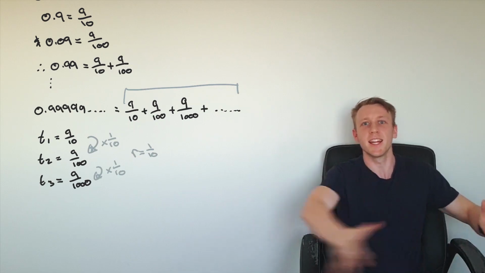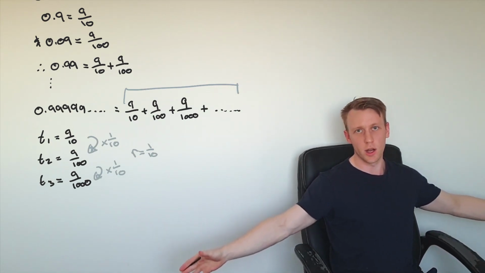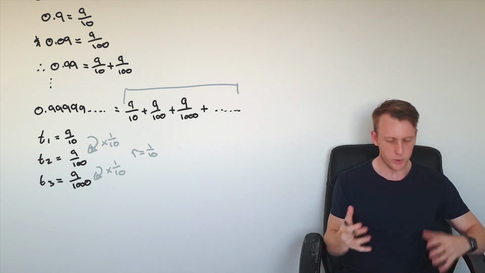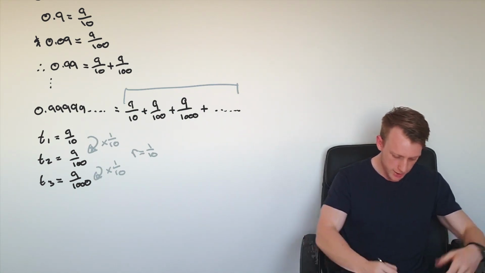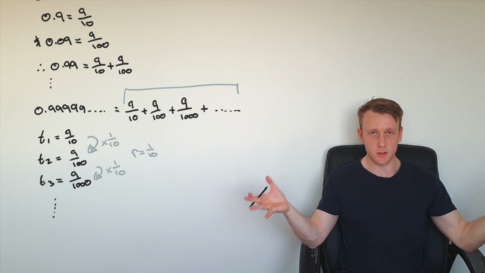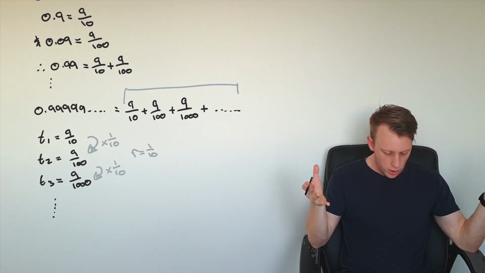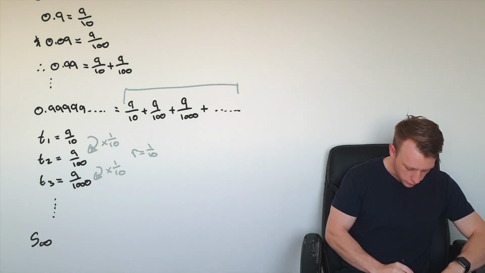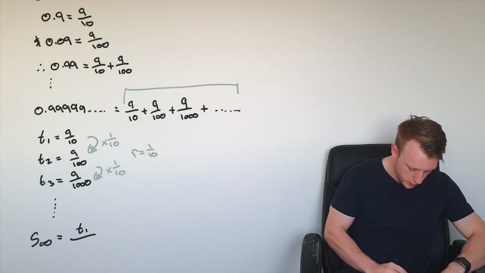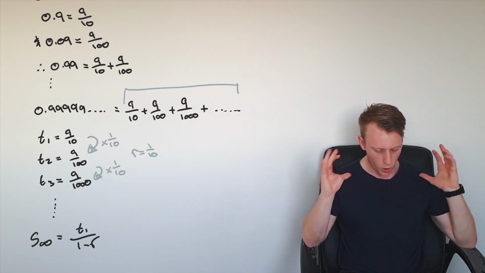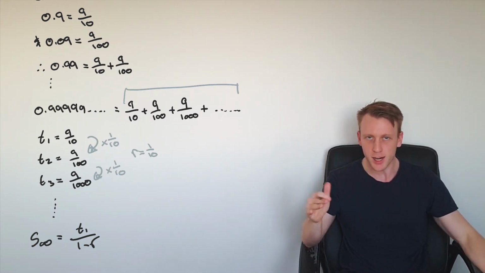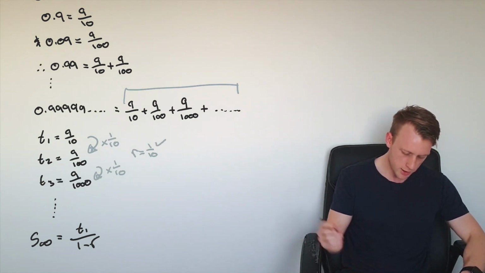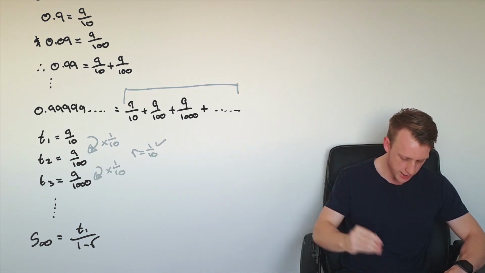And so what I'm saying is, if we had 0.99999 recurring infinitely long, then we have a geometric sequence here that goes infinitely long, and well, that means we can use our nice formula, which is the sum to infinity is equal to the first term over 1 minus r, and this only works when r is a fraction between -1 and +1, and that is the case here. r is 1/10.